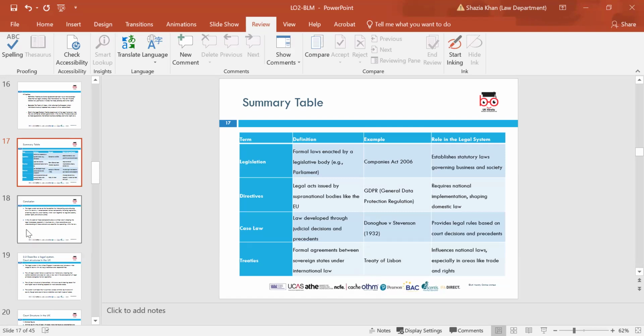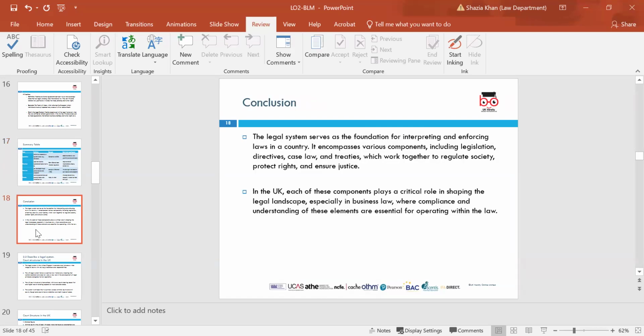The role of treaties in the UK is that they influence national laws, especially in areas like trade and rights. To conclude, the legal system serves as a foundation for interpreting and enforcing laws in a country. It encompasses various components, including legislation, directives, case law, and treaties, which work together to regulate society, protect rights, and ensure justice.